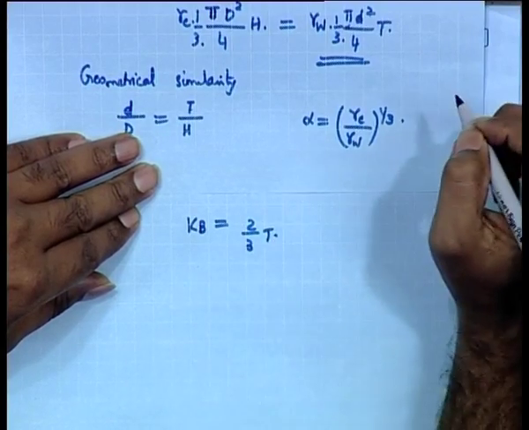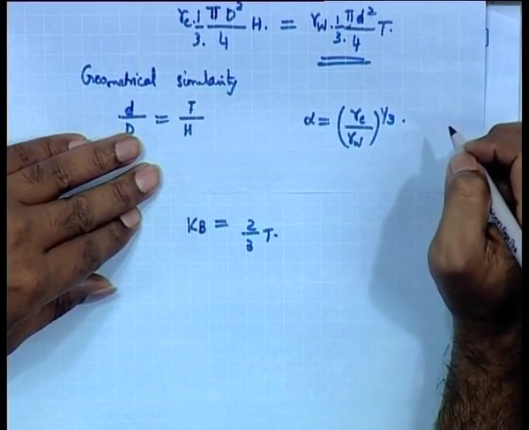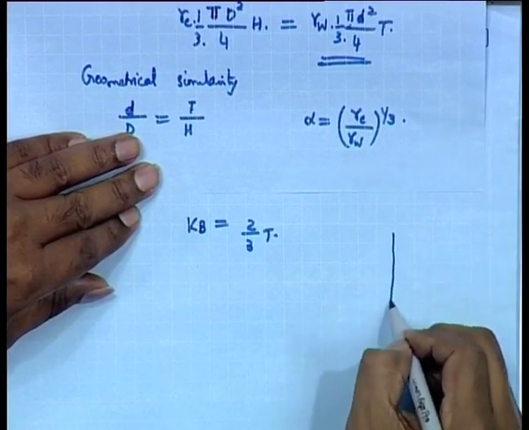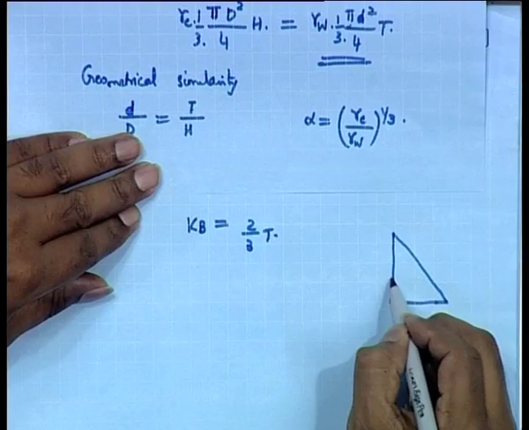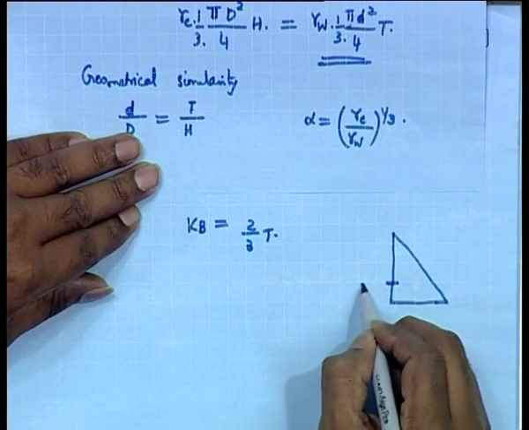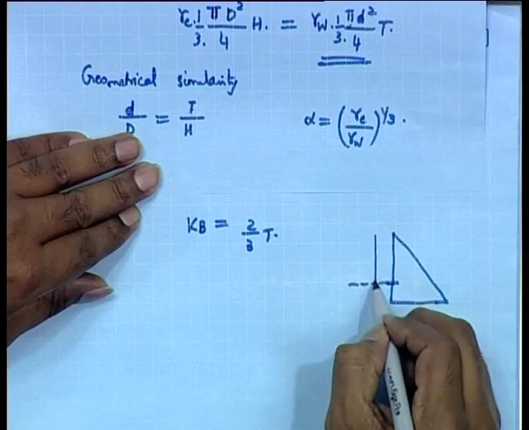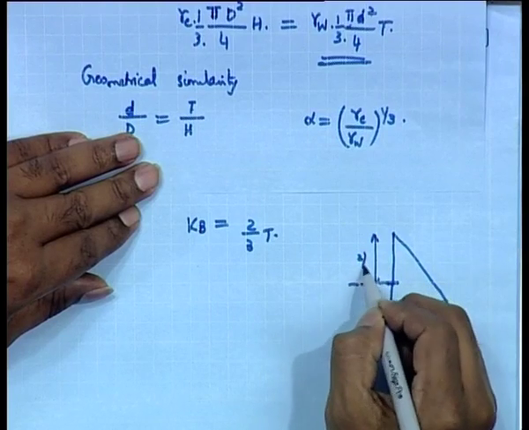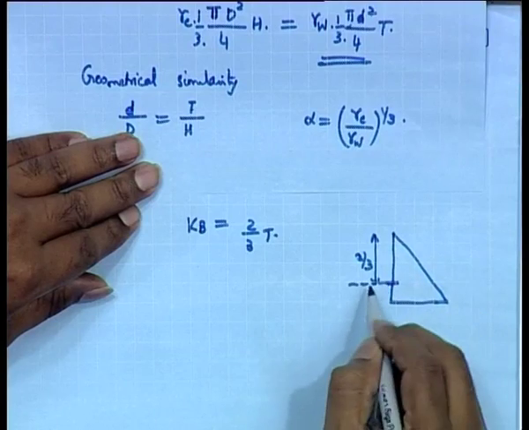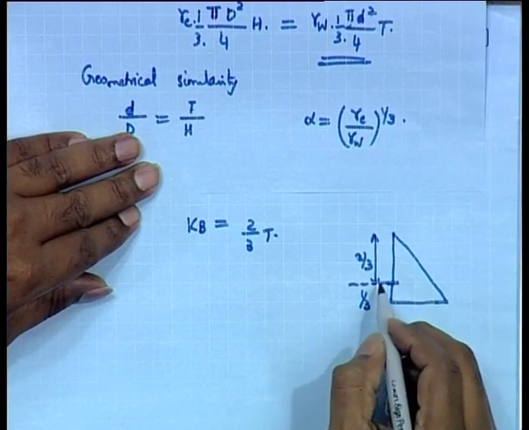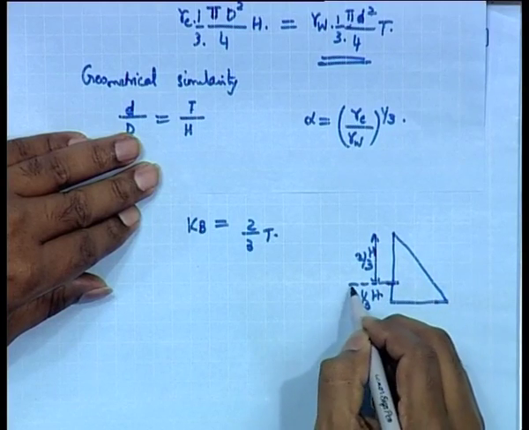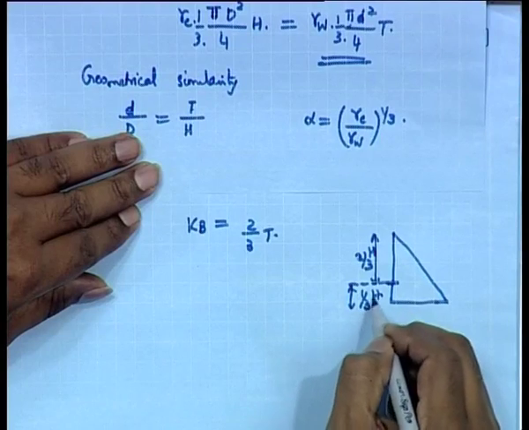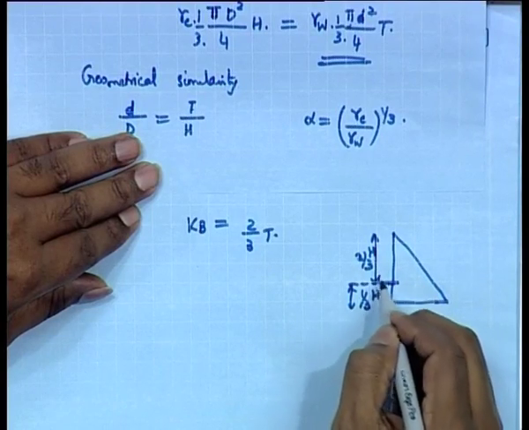This is the centroid of a triangle: if you have a right angled triangle, the centroid is at 2 by 3 from one side, or 1 by 3 from the other side, of the total height h. So 1 by 3 h, 2 by 3 h.